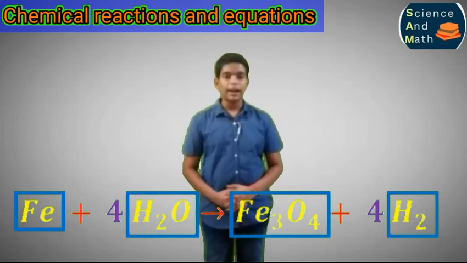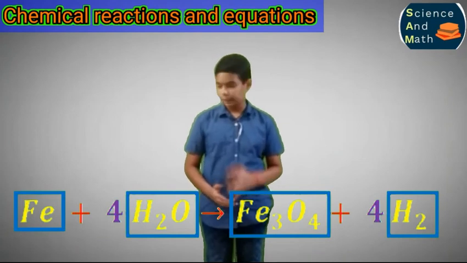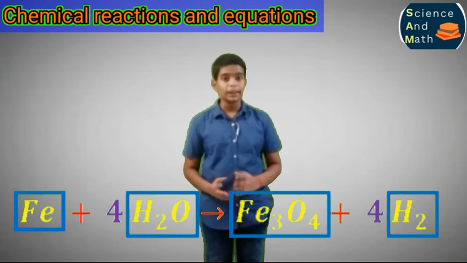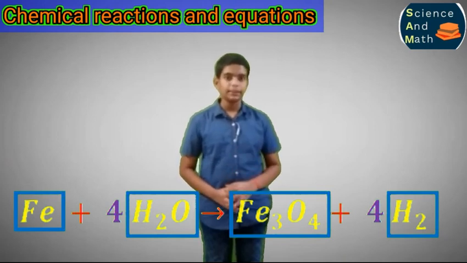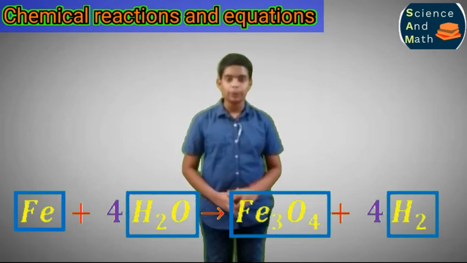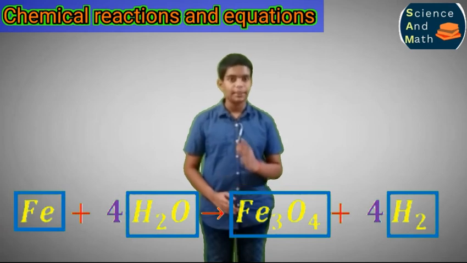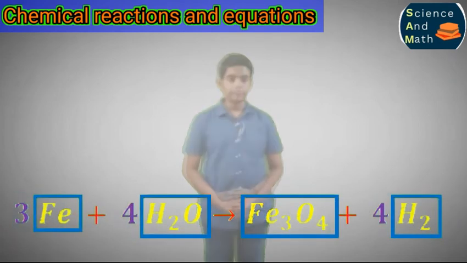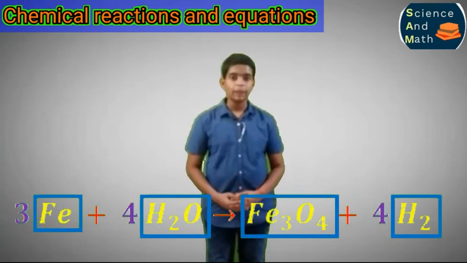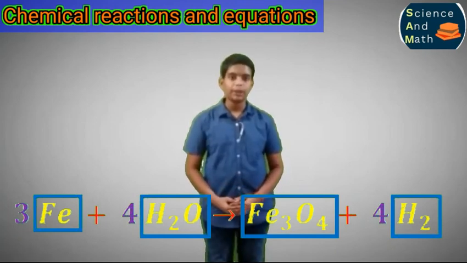In the same way, iron is independent in the reactant side. How many atoms of iron is present in the product side? It is 3. Hence, the coefficient that needs to be added to iron in the reactant side is 3. Now, as you can see, the equation has been balanced. So now, the final balanced equation is 3Fe plus 4H2O gives rise to Fe3O4 plus 4H2.